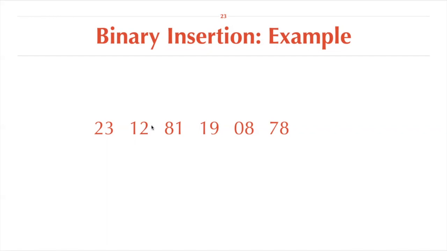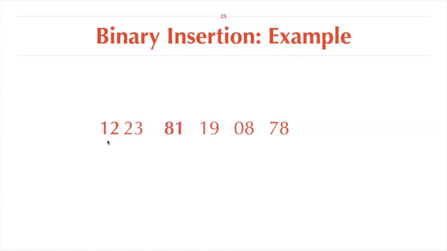It will start from I equal to 2, that is 12. It is the same array which we have taken in the first example of the insertion algorithm. So to the left side of the 12, there is only one element array. One element array, we cannot divide by 2. So we will compare it with the 23 itself. So we will find that 23 is greater than 12. So swapping will happen and comparison will be 1.